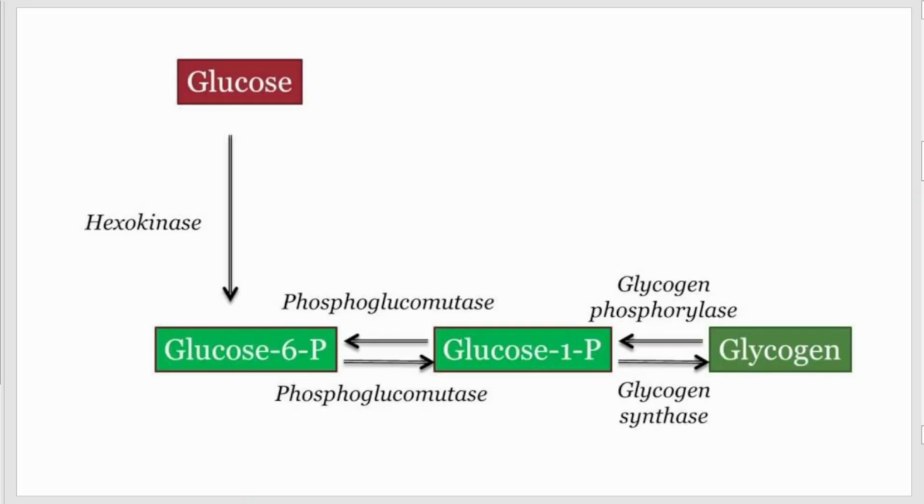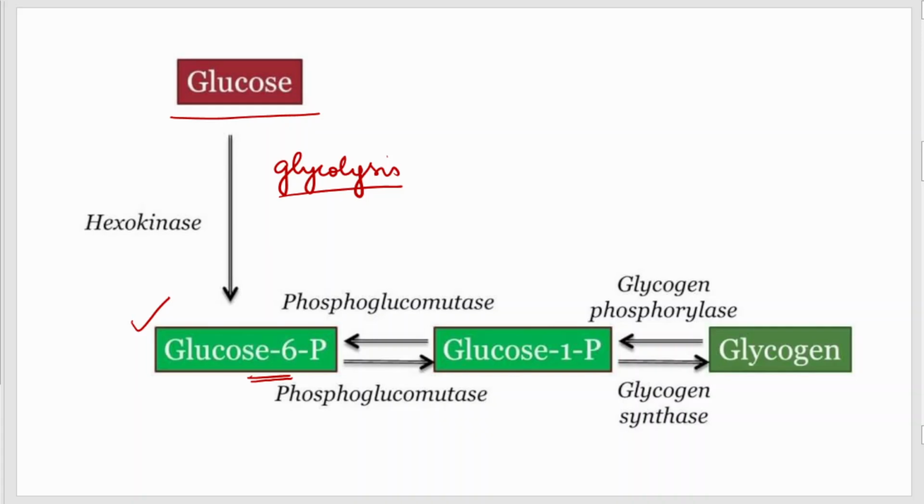Let's see an overview of glycogen metabolism. Glucose can be converted to glucose 6-phosphate. This is the first step of glycolysis. After this, glucose 6-phosphate has multiple fates.